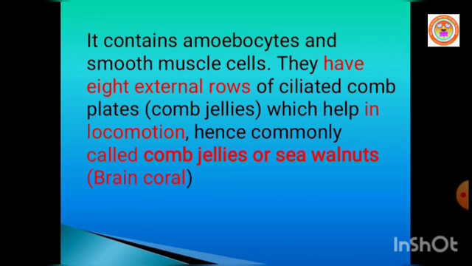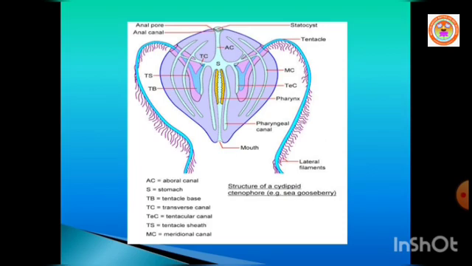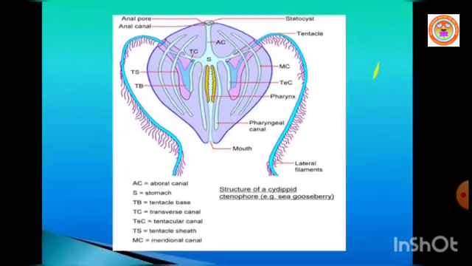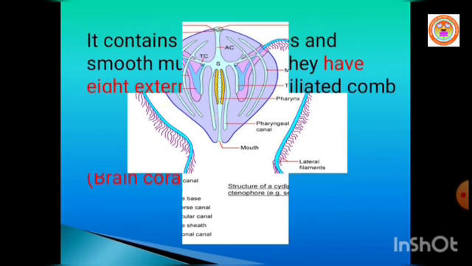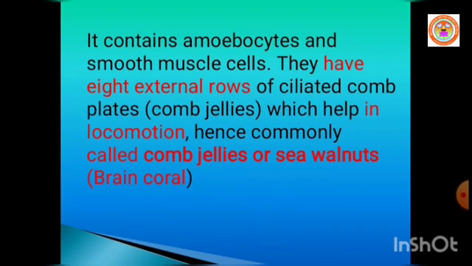They have 8 external rows of ciliated comb plates, which help in locomotion. Hence, they are commonly called comb jellies or sea walnuts.